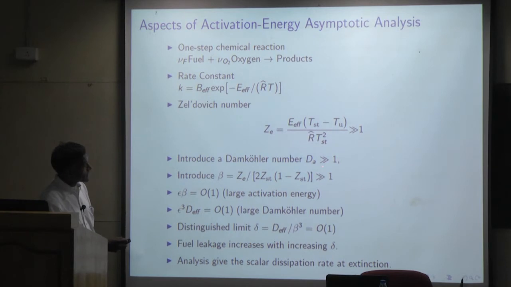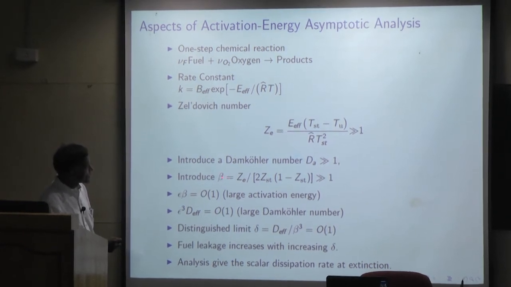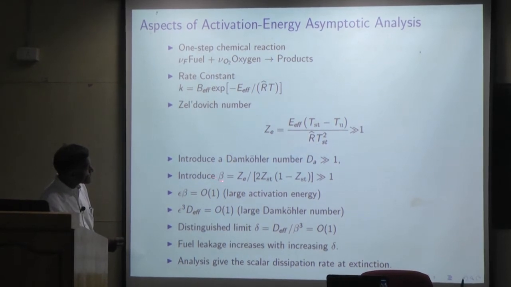We also looked at analysis in the limit of large values of the Damkohler number. Here's this quantity beta. So you have a Damkohler number that's large, and there's an activation energy. This quantity beta is of course related to the Zel'dovich number.